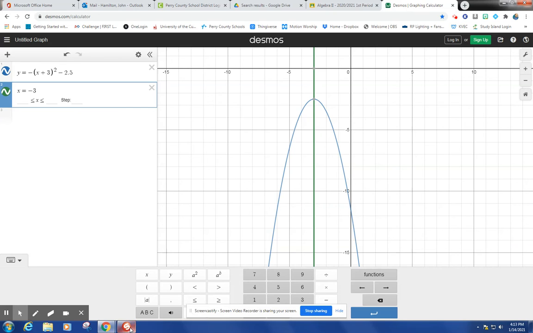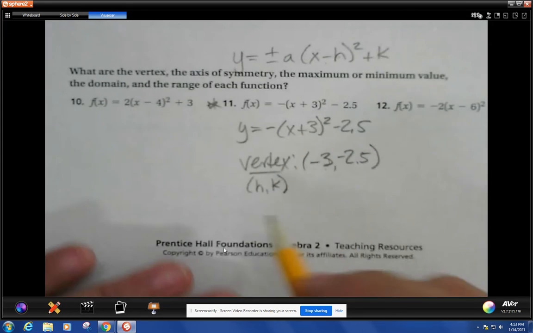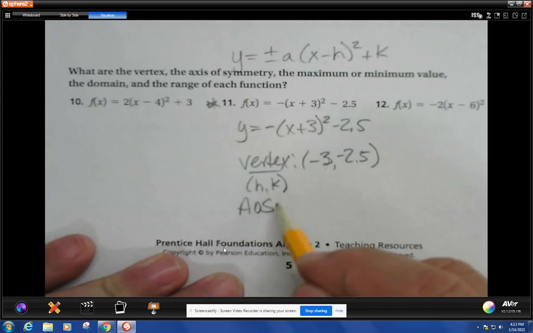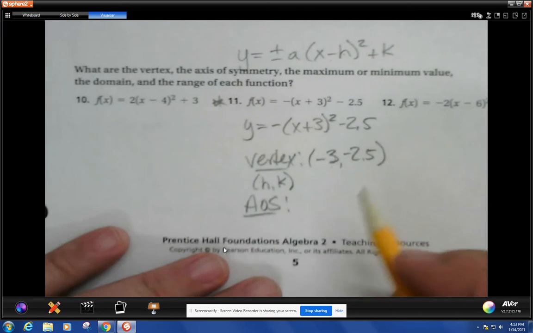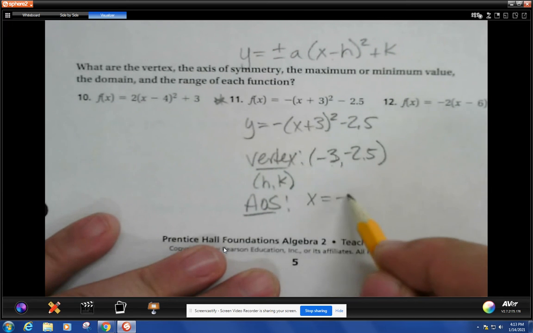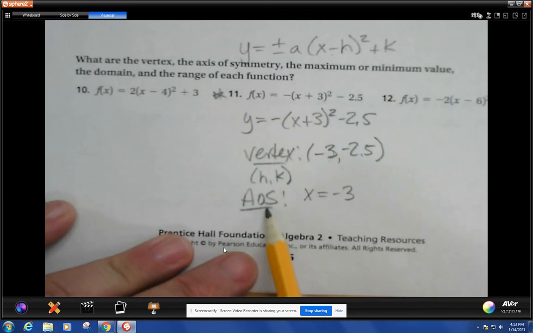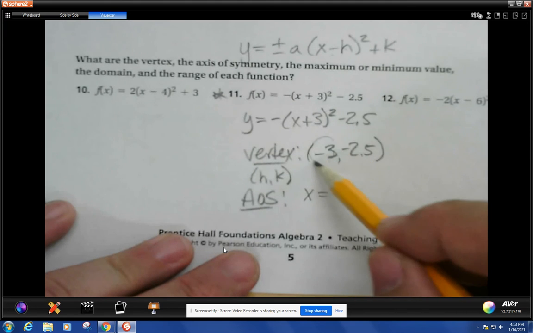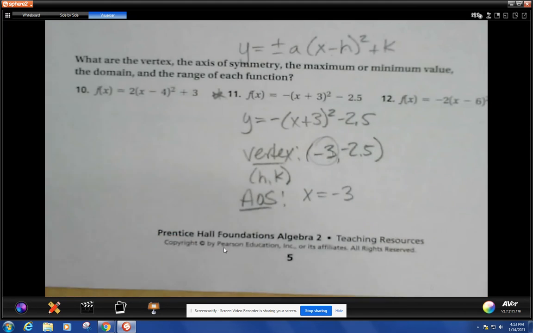So that would be the answer for my axis of symmetry, and I'm going to abbreviate that as AOS. Axis of symmetry is x equals -3. So your axis of symmetry is actually whatever the x coordinate of your vertex is. You see that? So you can see that we're taking one piece of information and we're really able to do a whole lot with it.